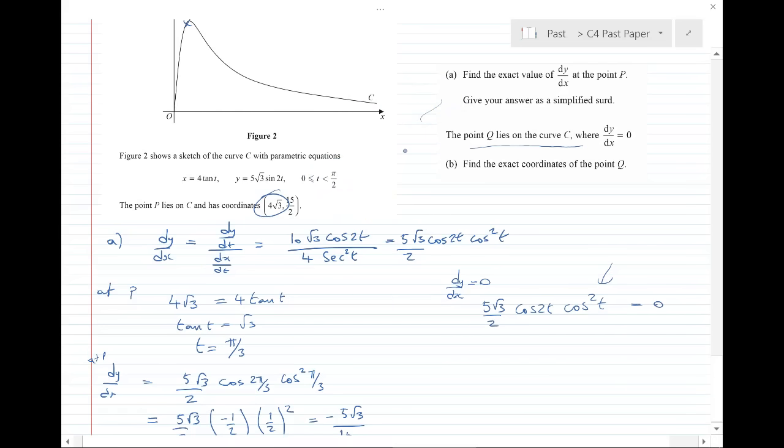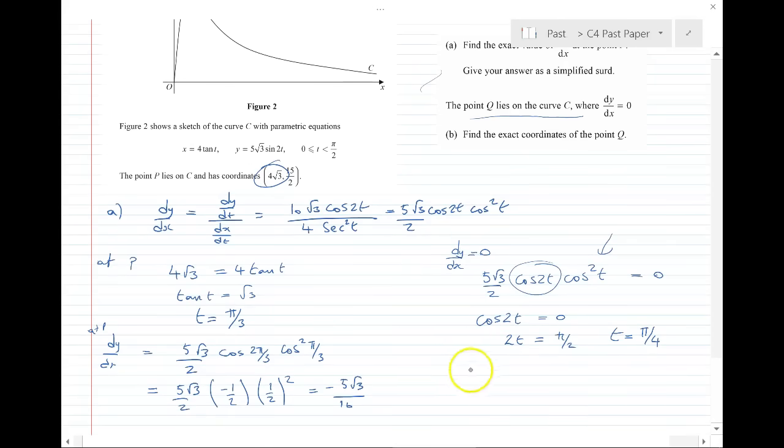So pi by 2 isn't part of the range, so we're looking at this one only, really. So we've got cos 2t equals 0. So that gives me 2t equals pi by 2. So t equals pi by 4.